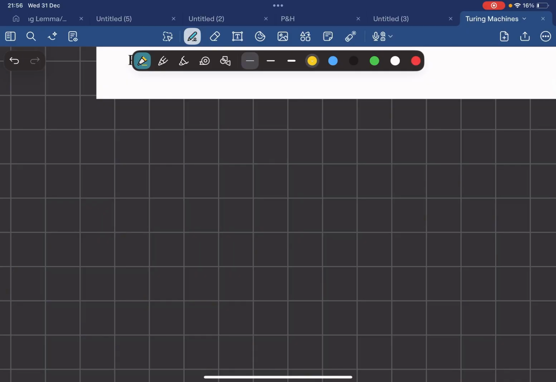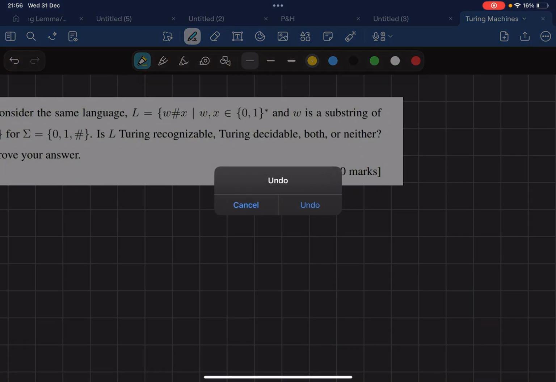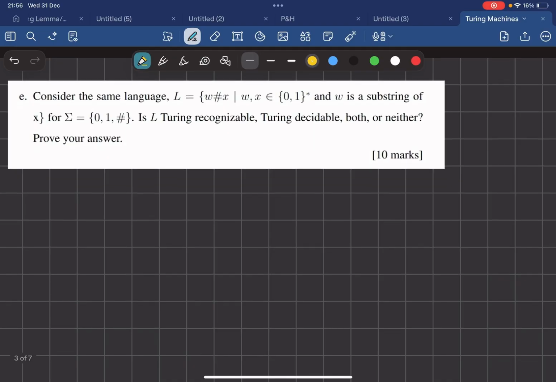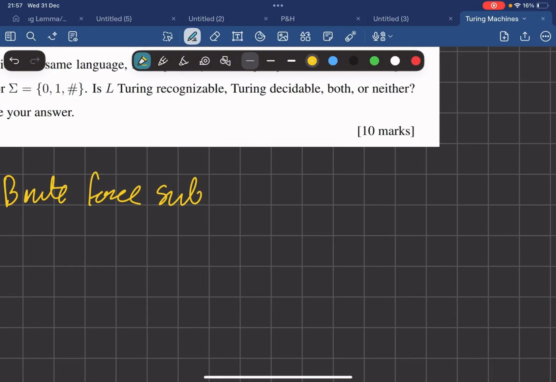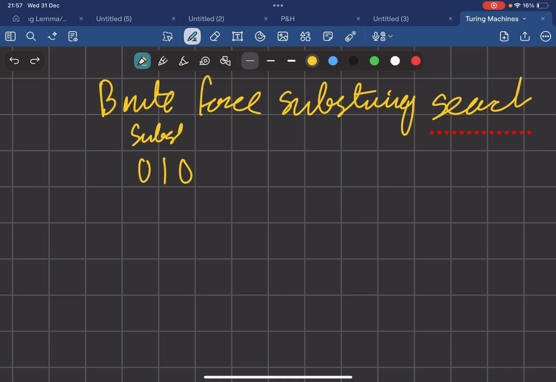And if you remember from the algorithms module, they actually taught us a bunch of algorithms that you can use to detect if a string is a substring of another. And so you can basically use one of those and adapt it to Turing machines to answer the question. So the simplest one they taught us is the brute force one. So the way this works is if we have a string we're trying to match, this is the substring we want to find in another string, the main string.